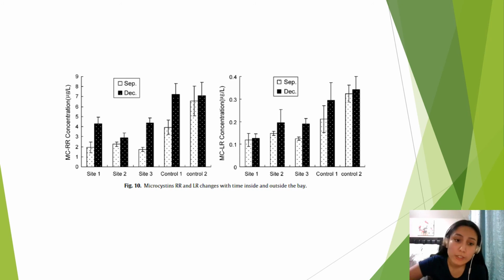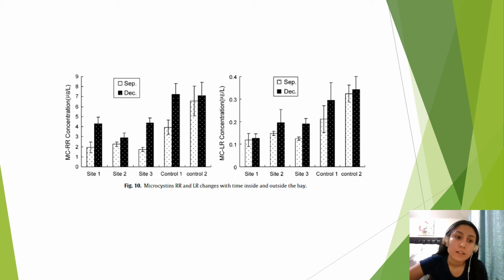They also measured the concentration of the toxins found in these various locations. So microcystine RR is one type of toxin, and they measured the concentration of that toxin in site 1, site 2, and site 3, which is within the bay. And control number 1 and control 2 is outside of the bay.